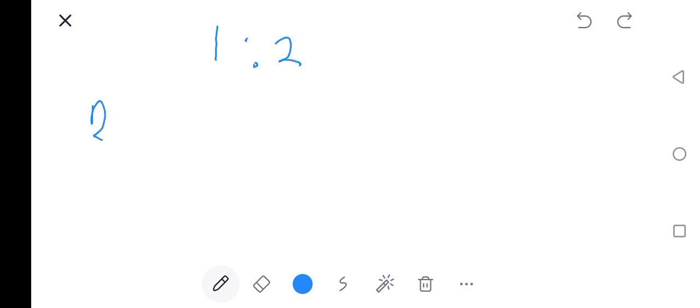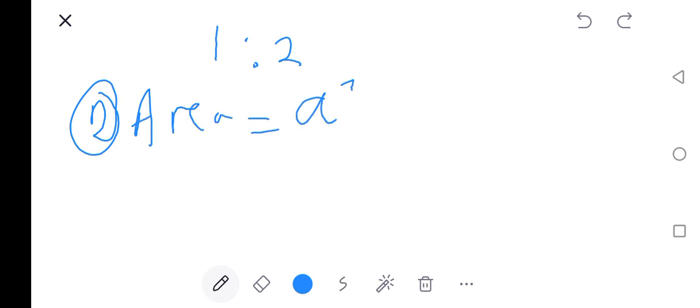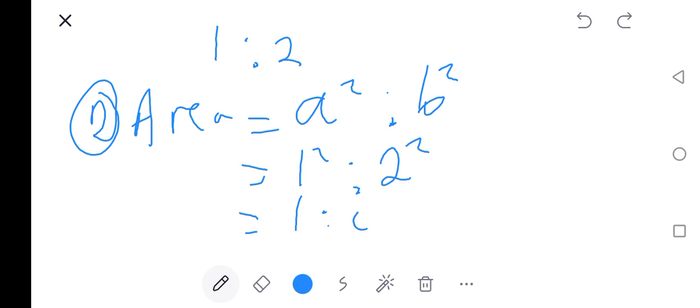So for our number 2, they are saying area. We are going to say A squared to the B squared. So we use what we've reduced, 1 squared to 2 squared. So 1 to 4. Those are the ratios of their area.